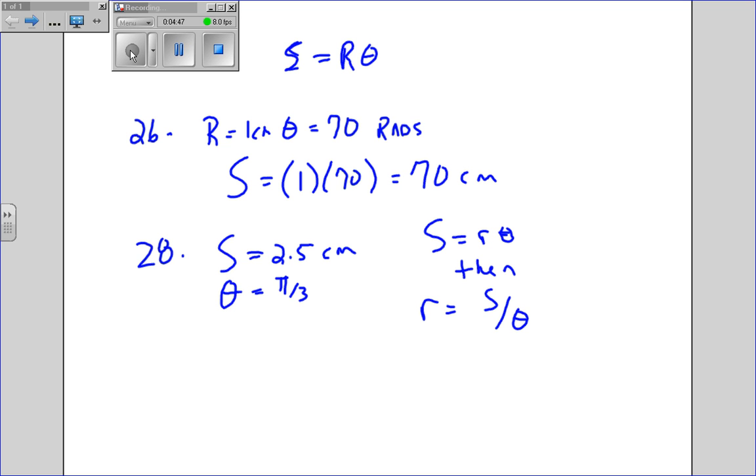So here we would write R equals 2.5 divided by pi over 3. Be a little bit careful dividing that out, but when you do, you should get about 7.5 divided by pi, which is 2.39.